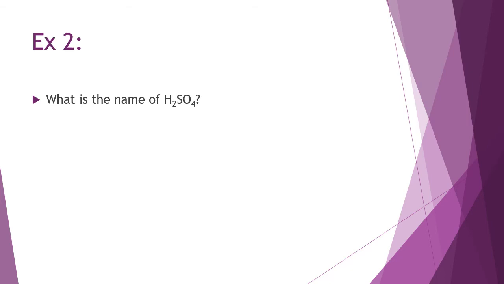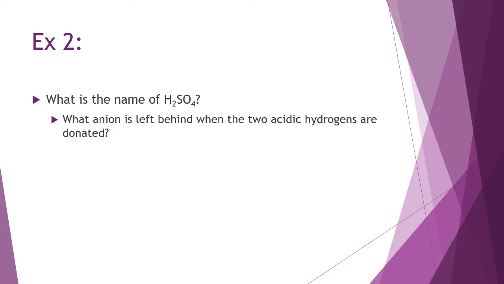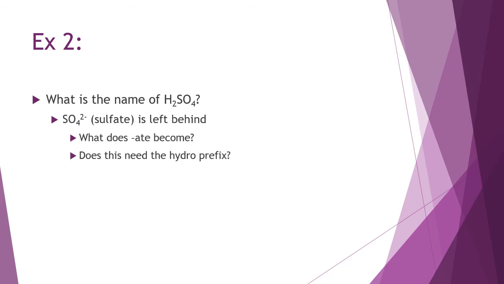Let us look at a second example. What is the name of H2SO4? So again, we will consider what anion is left behind when the two acidic hydrogens are removed. The sulfate ion, SO4 with a -2 charge, is left behind after the two acidic hydrogens have been donated. This is one of our polyatomic ions.